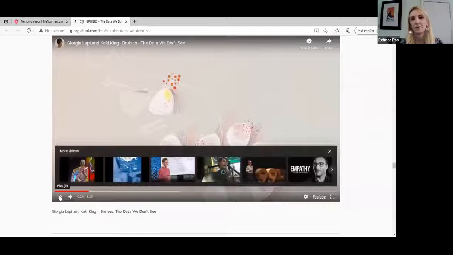And it goes on and on, basically from petal to petal, and the data starts populating, right? So those were two examples of data visualization that is beautiful.